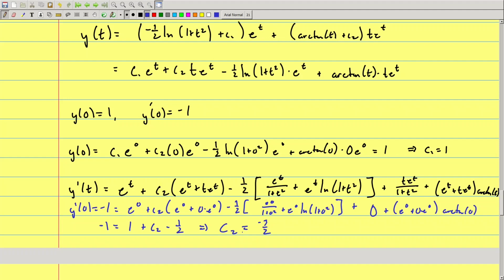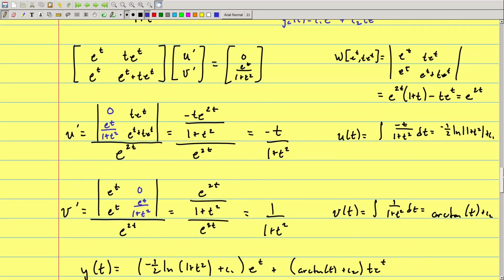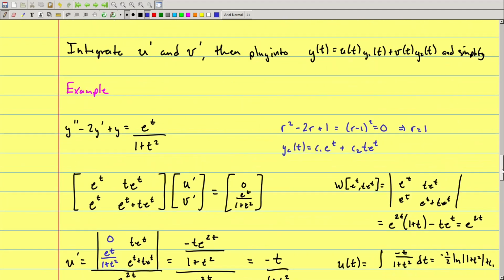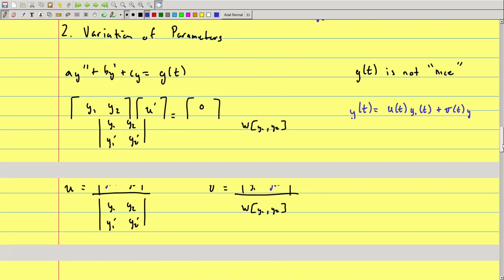You're going to have different types of functions that you have to integrate or differentiate and deal with the algebraic details for when it comes to putting in the values to determine C1 and C2 if you're solving an initial value problem, or being able to determine the functions U and V if we're talking about variation of parameters, or solving to find the coefficients for a method of undetermined coefficients type problem.